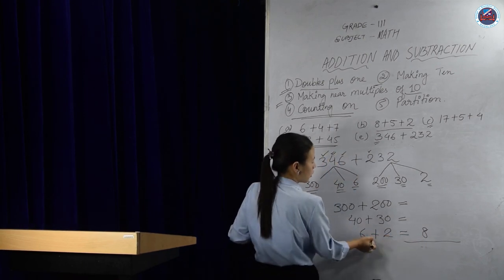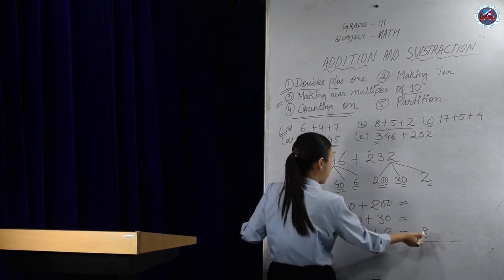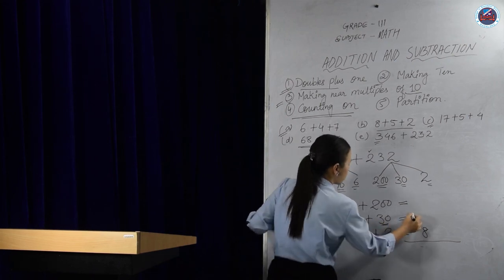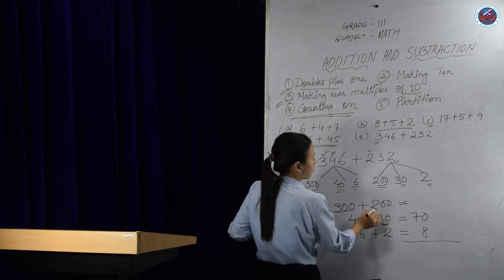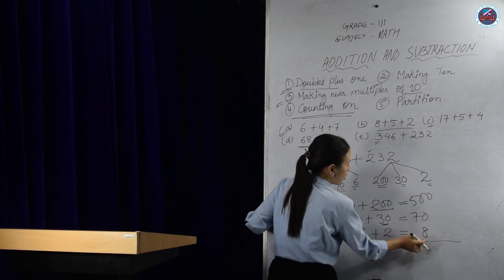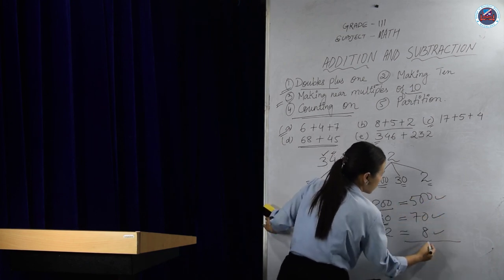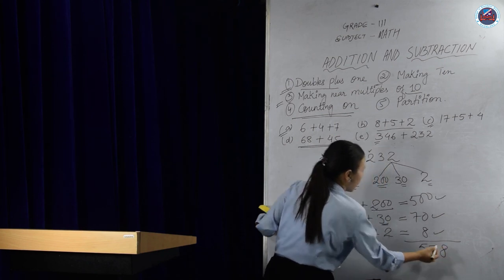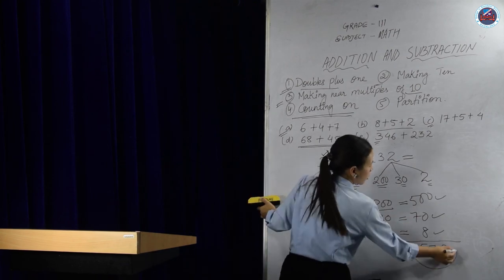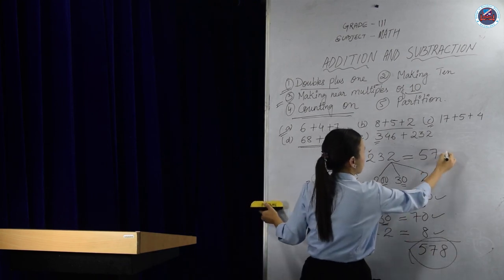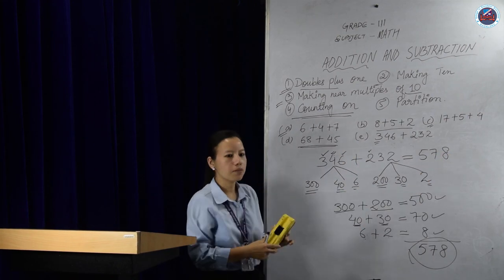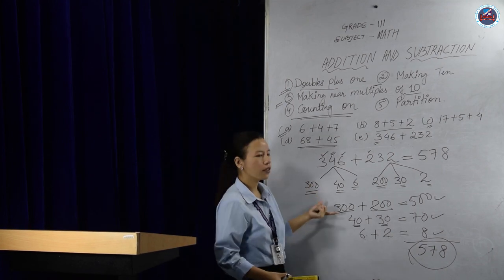And 40 plus 30 is 70. And 300 plus 200 is 500. So we add all these numbers, that is 570, and 8 is 578. So that's how we use this partition method to get the sum. That is, we got our sum as 578, so write 578. So this is how we use these addition strategies to get our total or the sum.